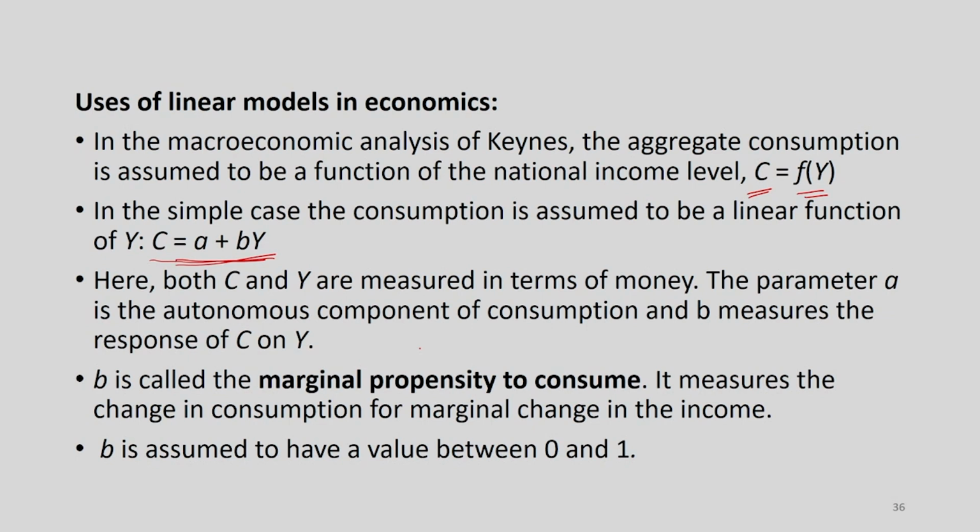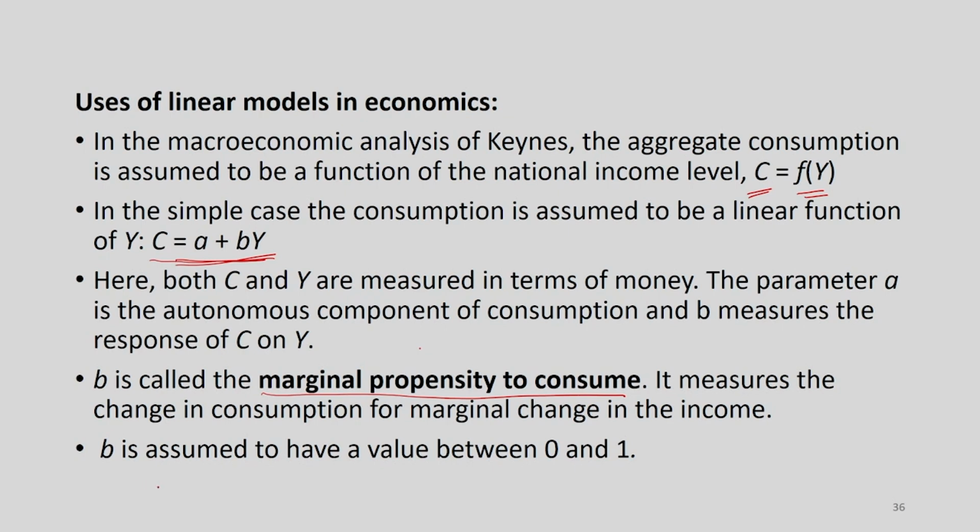B is called the marginal propensity to consume. It has a particular name, it is called the marginal propensity to consume. It measures the change in consumption for a marginal change in the income. So, this is like the marginal product that we have seen before when we talked about the production function. Here it is the change in the consumption level when the income changes very marginally.